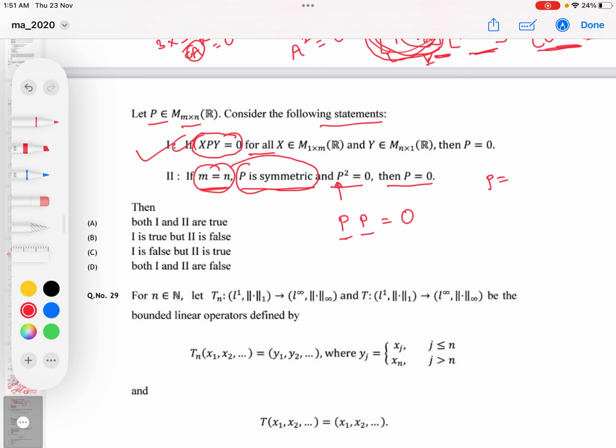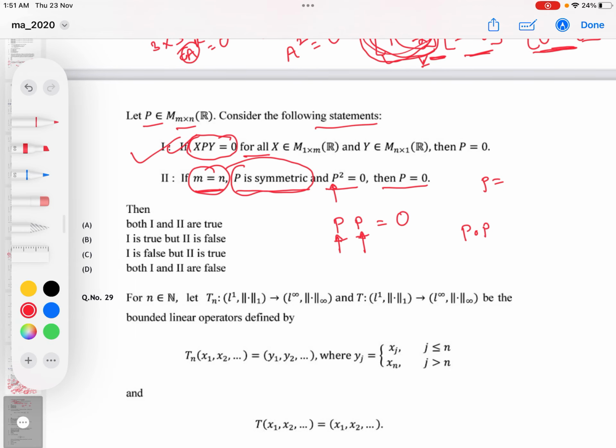So can we say that a symmetric matrix is nilpotent? Is it possible that a symmetric matrix will be nilpotent? So let's suppose this P is a symmetric matrix. So if you multiply two symmetric matrices, you will get a symmetric matrix. Why?